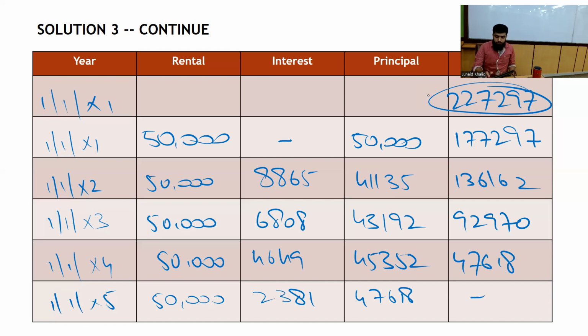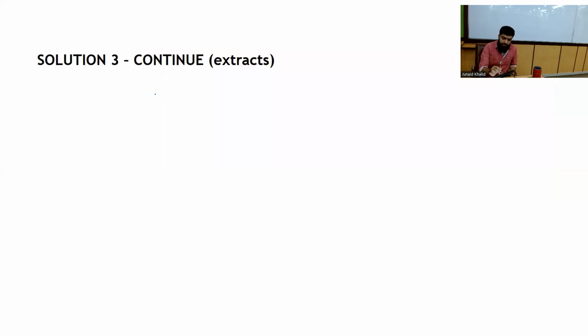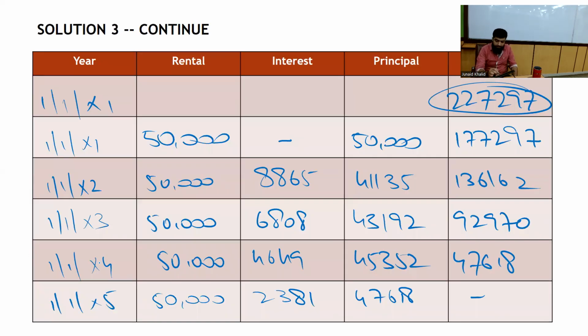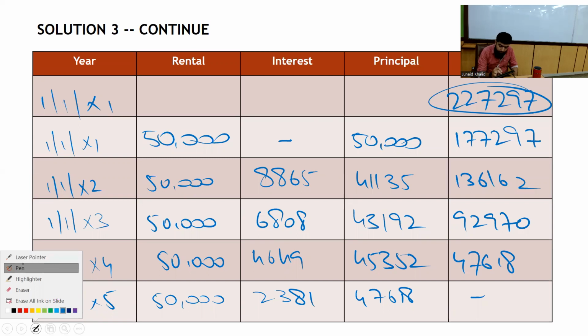Now coming to the requirement of the exam, that is, if we are preparing the extracts at 31st December 2001, income statement and balance sheet, now you need to concentrate on this: depreciation and finance cost. First we are calculating the finance cost. How to note down the finance cost?